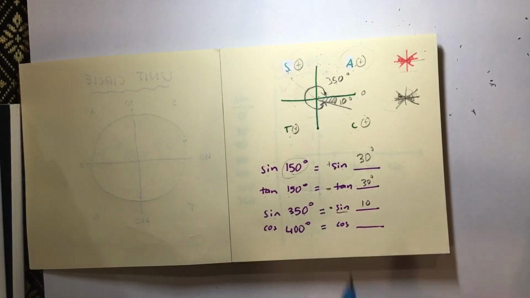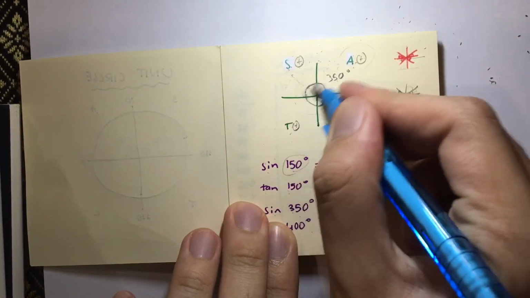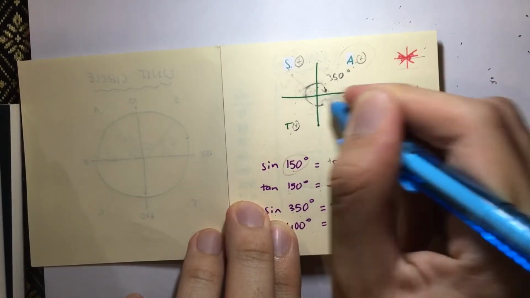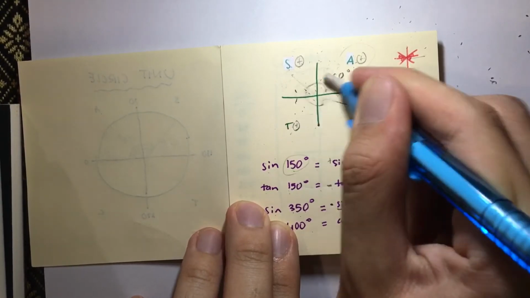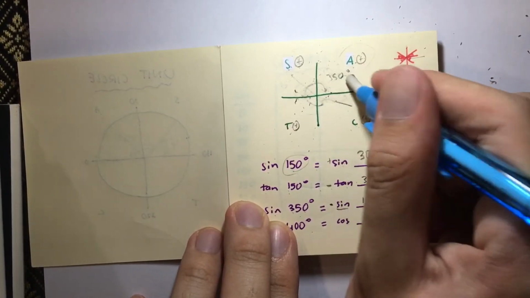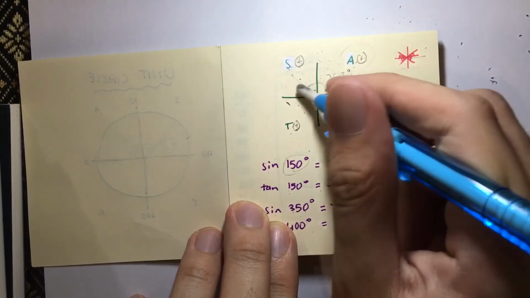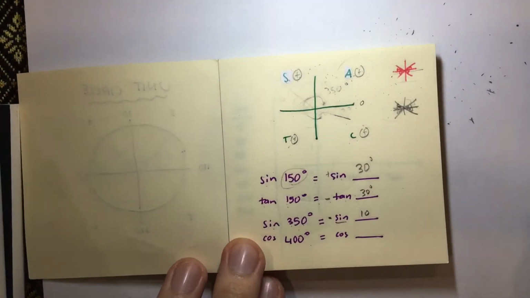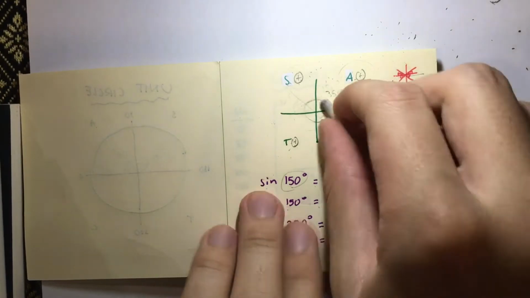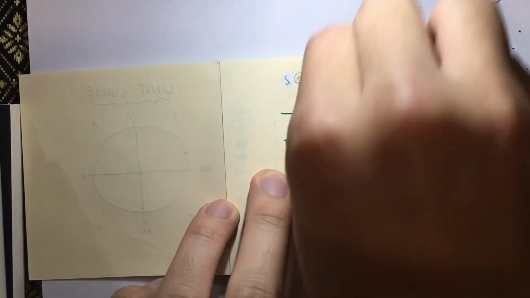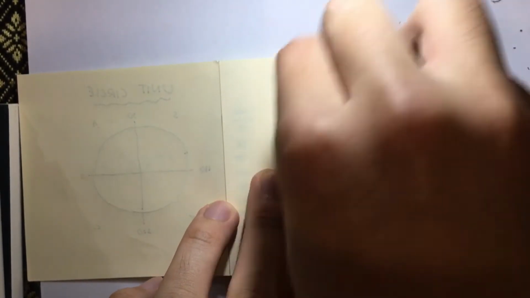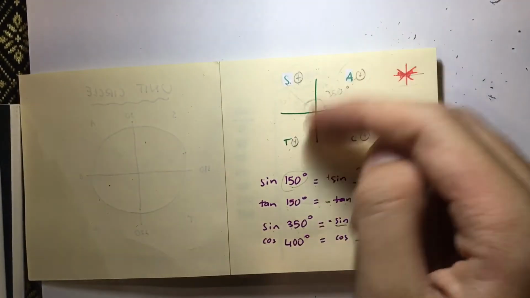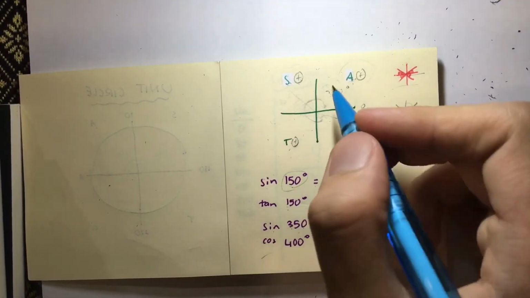And now let's try with cos 400. Okay, so cos 400.